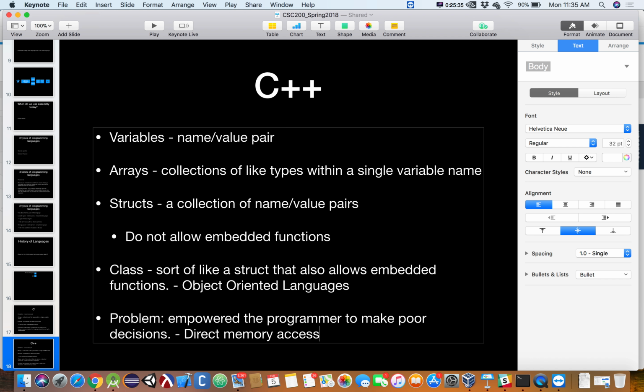The reason why C++ is somewhat dangerous is it allows you to directly manipulate memory. If you're an experienced programmer, this becomes handy that you can work with memory directly. If you're a beginning programmer and you're learning C or C++ as your very first language, you can work with memory directly, which means that you might overwrite part of your operating system in memory and require you to have to restart your computer in order for things to start working again. All right, beginning programmers make a lot of mistakes. So not the friendliest language for that.